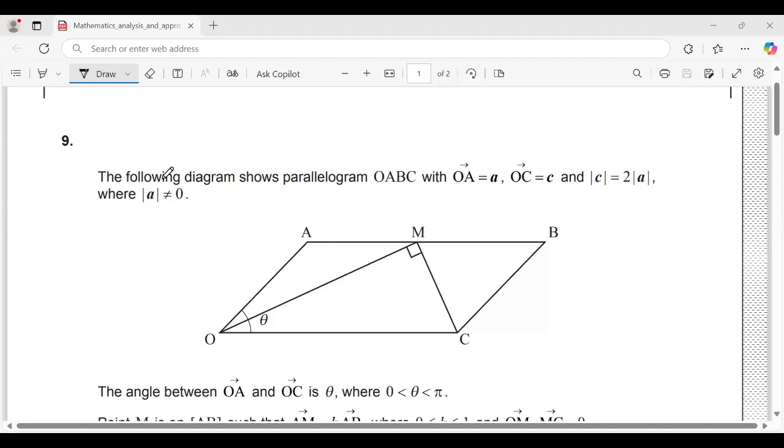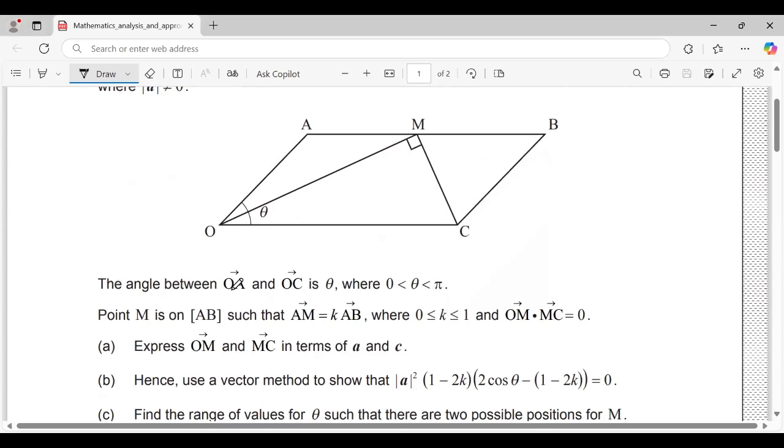Number 9. The following diagram shows parallelogram OABC with vector OA equals a, vector OC equals c, and modulus c equal to modulus a, where modulus a is not equal to 0. This is the parallelogram.